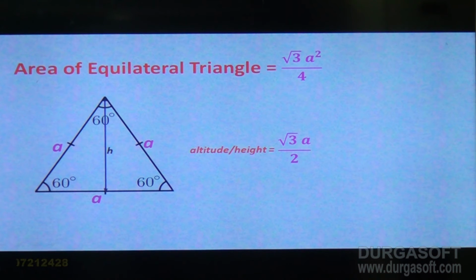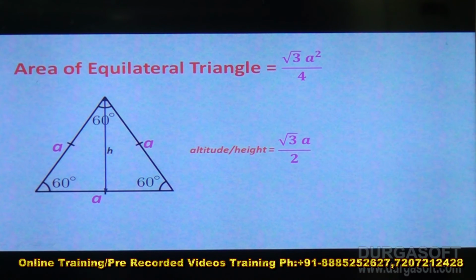All the sides we are considering as A, because all the sides are equal. So we have three sides as A, and the angles are the same. In this equilateral triangle, all the angles are 60 degrees.